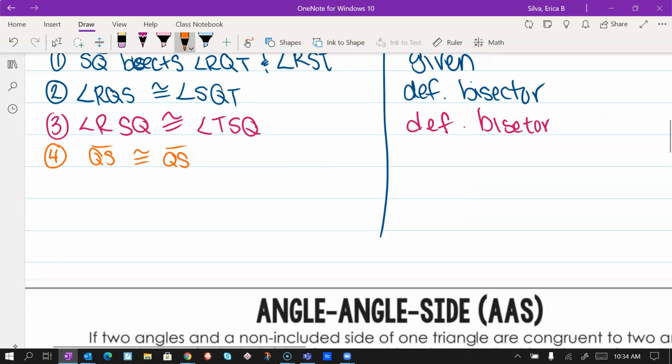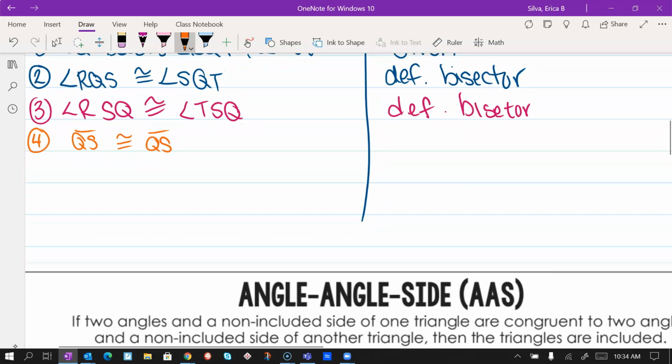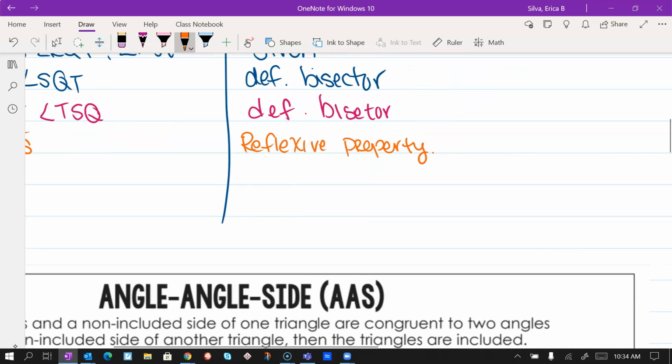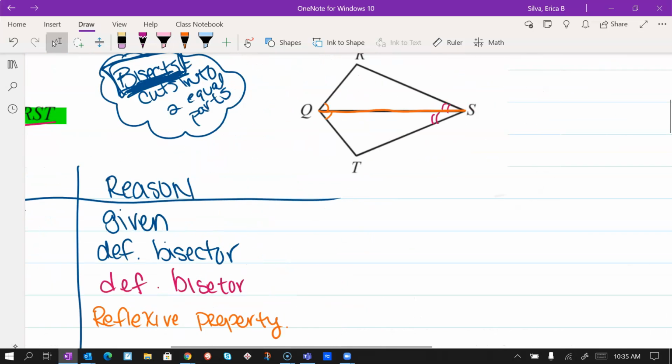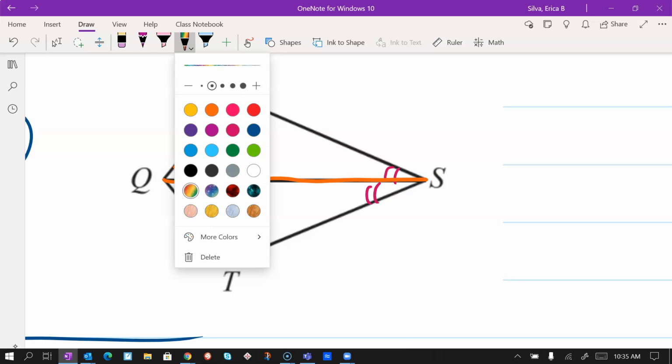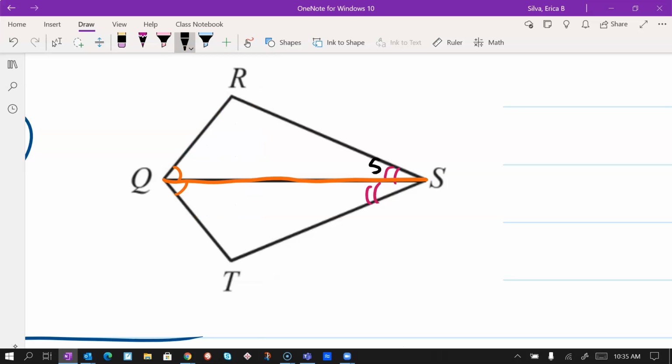And we know that because of what property? Does anybody remember the name of that property? Yes, perfect. Reflexive property. All right, so now that we have the reflexive property here, we're going to see if we can incorporate our postulate. So here we have a side, this is an angle that's congruent to this angle. Right next to it, we have this side congruent to this side.